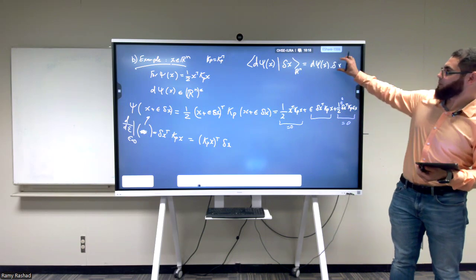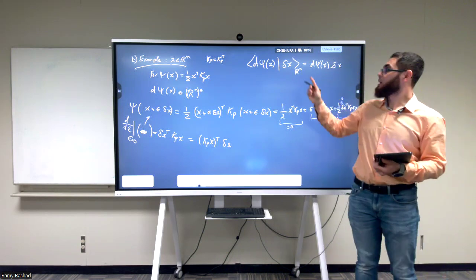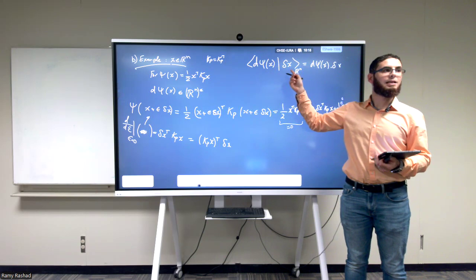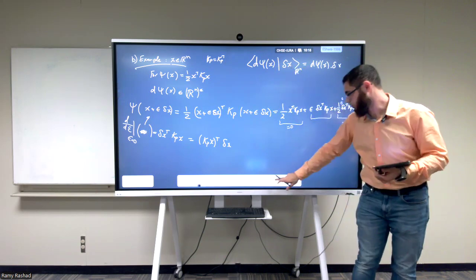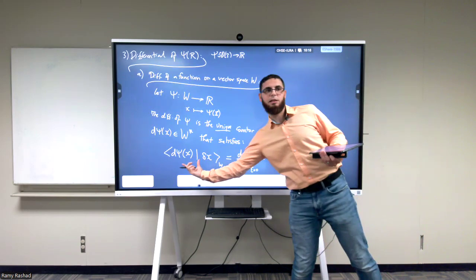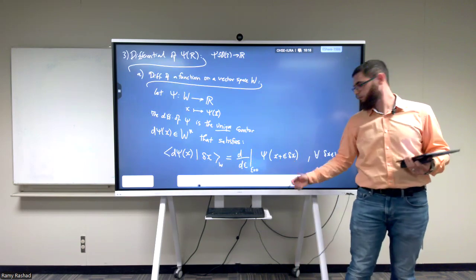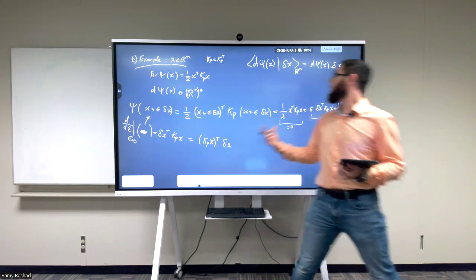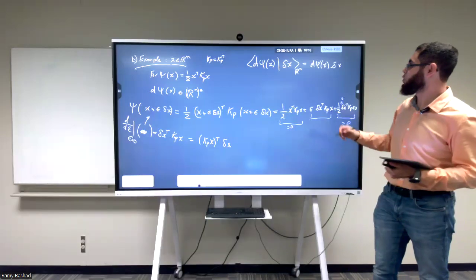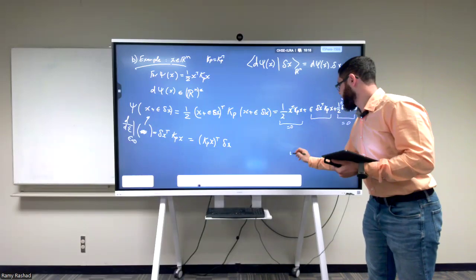Now let's compare this part. Again, we said that this covector is the one that satisfies that this term, which is the left-hand side, go back to this expression. The left-hand side of this expression is equal to the right-hand side of this expression. So we calculated here the right-hand side to be equal to this, and the left-hand side to be equal to that. So what can you conclude about this term?